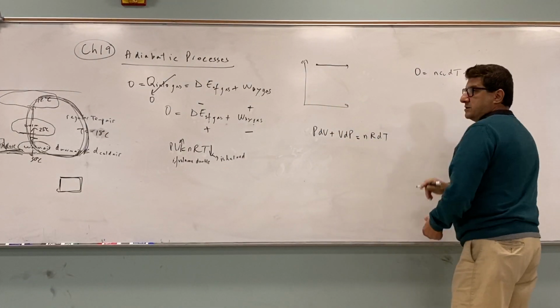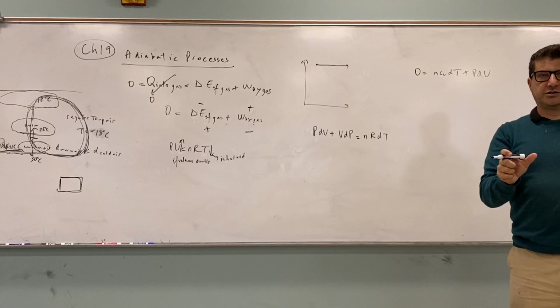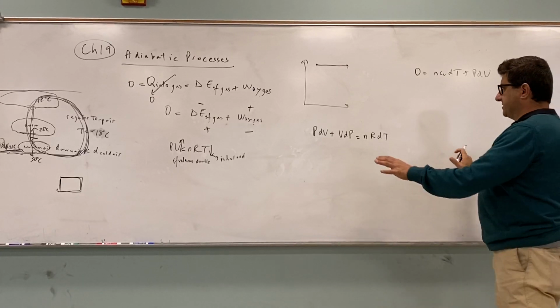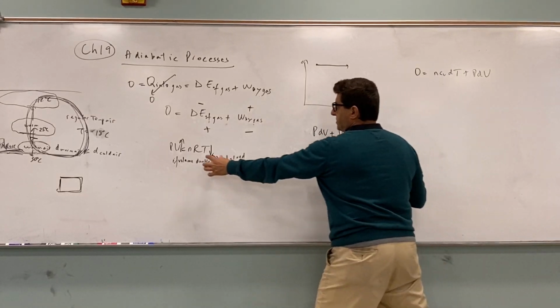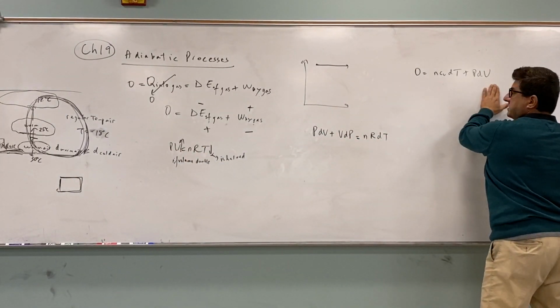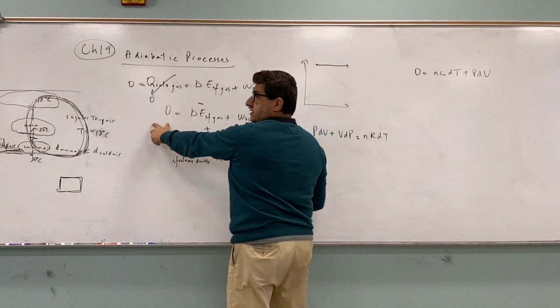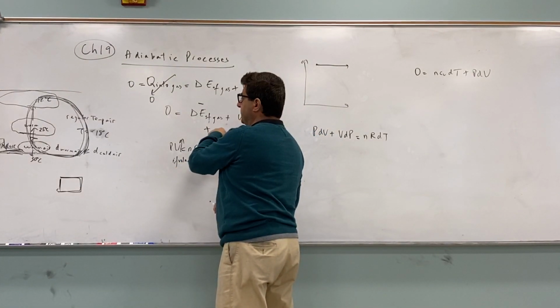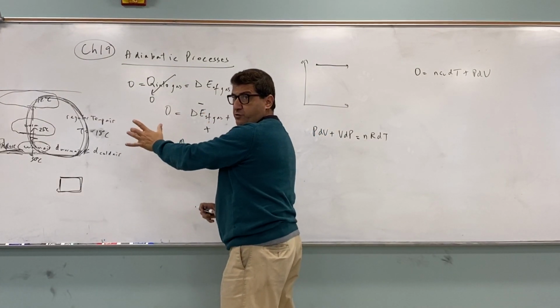PdV. So literally you have two differential equations. You've got this one, which is the derivative of this guy, okay? And then this one is the first law of thermodynamics expressed in the differential form.